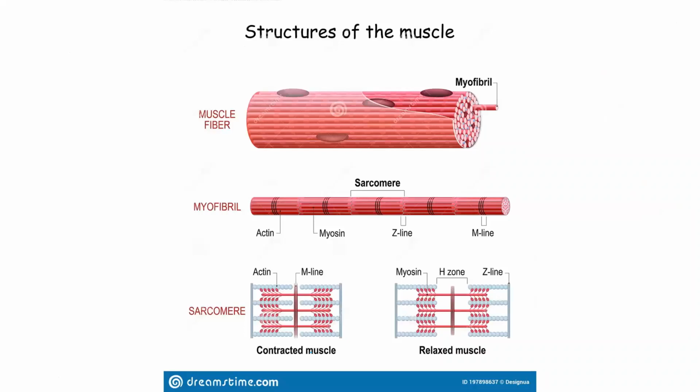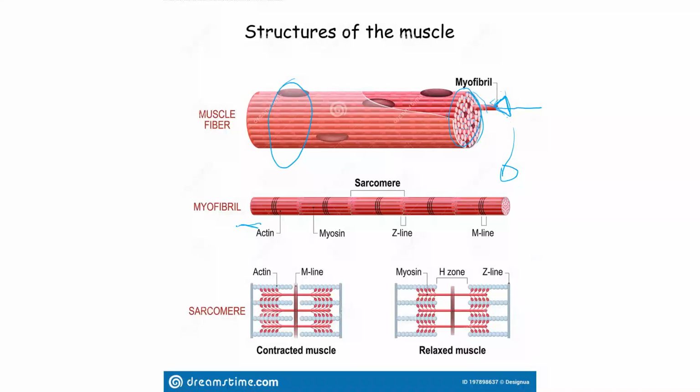So when we take one muscle fiber, one muscle cell, each of them has many myofibrils, right? So one muscle cell can have about 1,000 myofibrils. So here we have the structure of one myofibril.